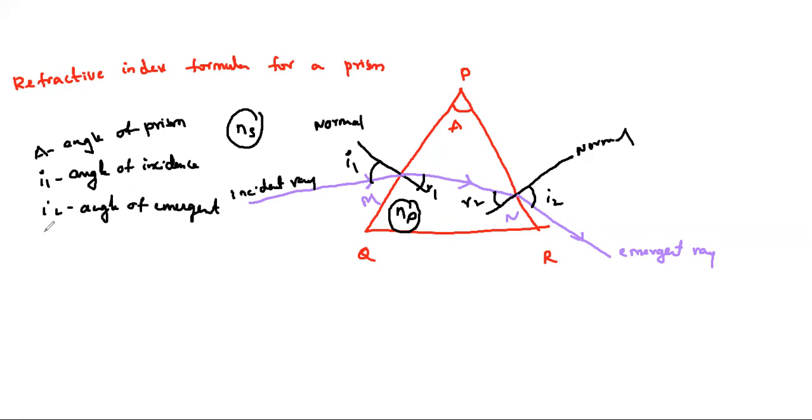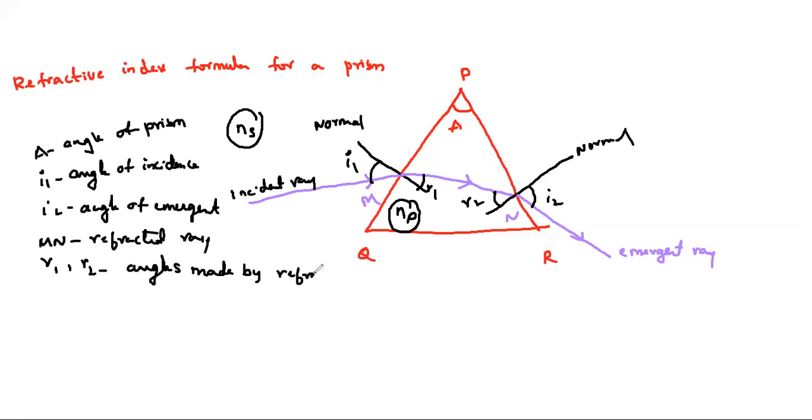Next, MN is called refracted ray, and R1, R2 are the angles made by refracted ray inside the prism. Clear? And QR is the base of the prism.